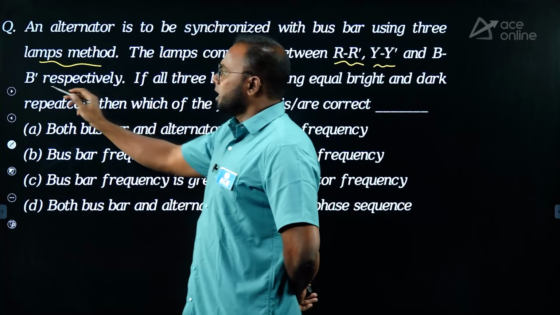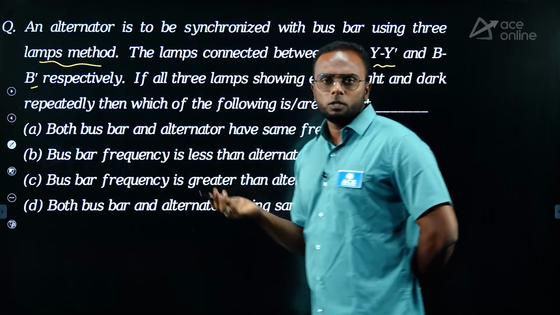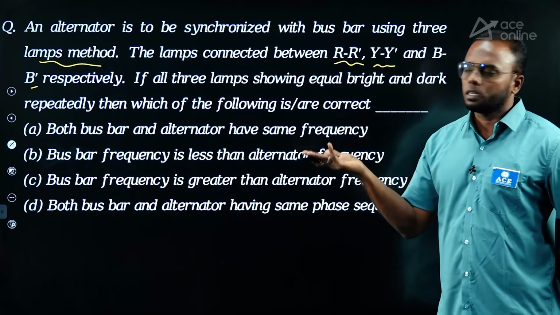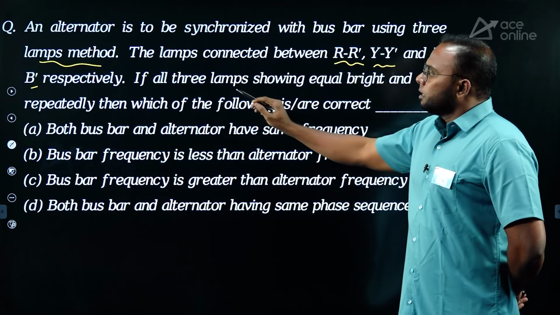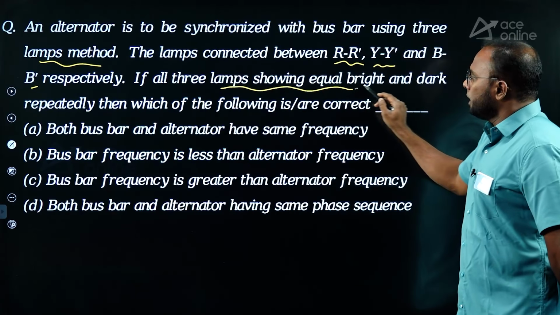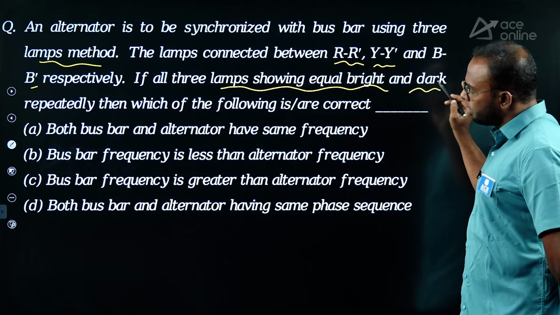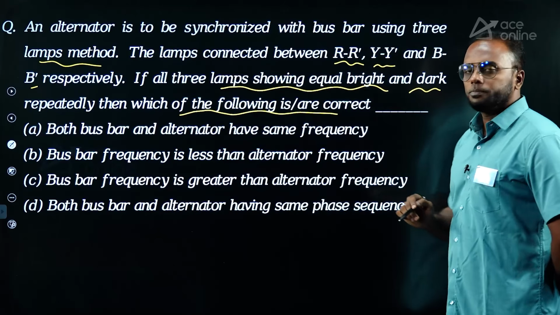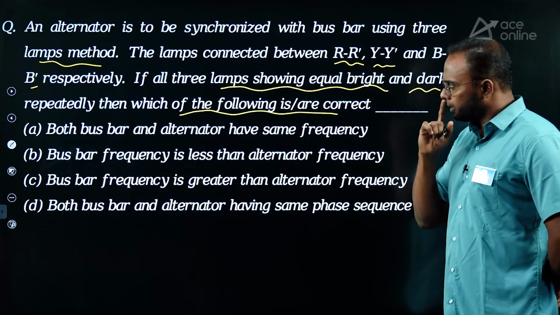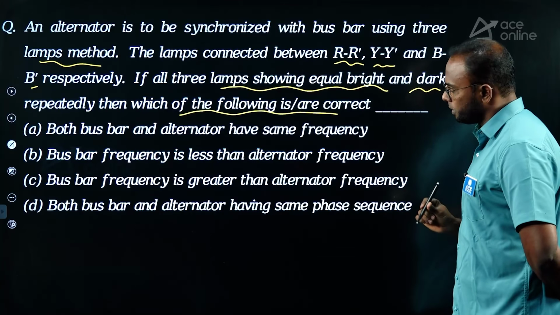So L1, L2, L3 like that. L1 is connected between RR dash, in the same way YY dash, BB dash. And if all 3 lamps show equal bright and dark repeatedly, then which of the following are correct? First read this and try to give the answers.